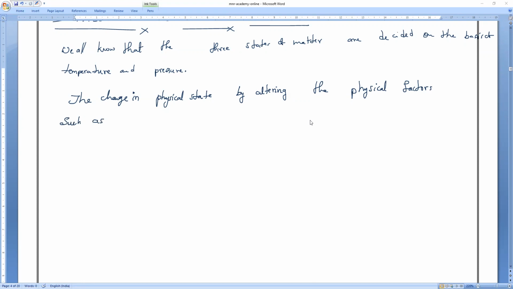Temperature and pressure. Understand? Such as physical factors such as temperature and pressure is called physical change.